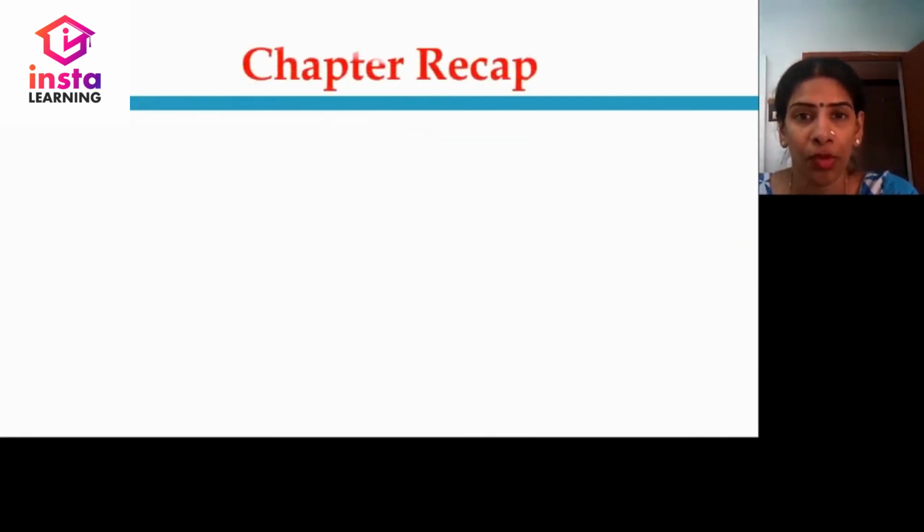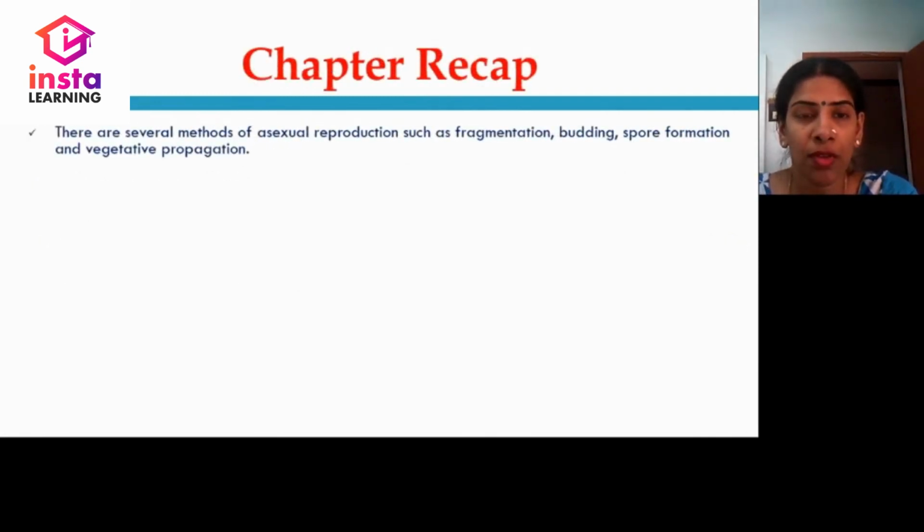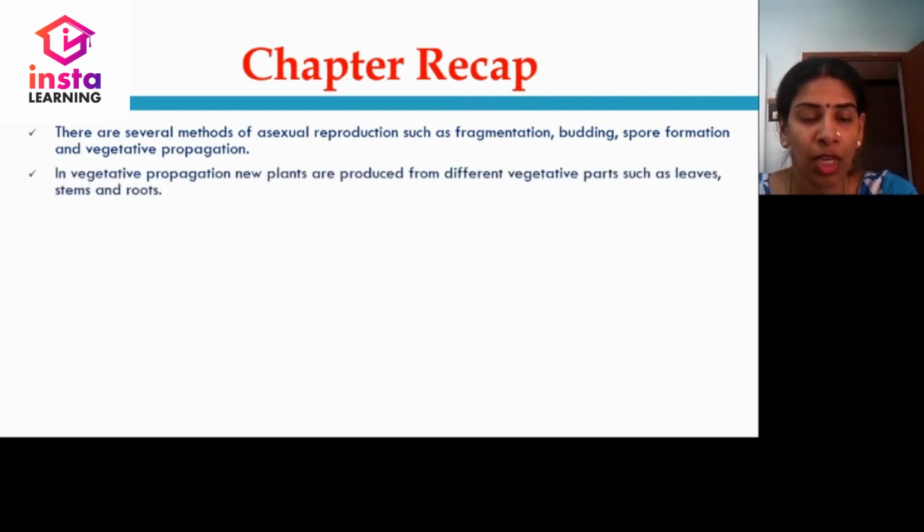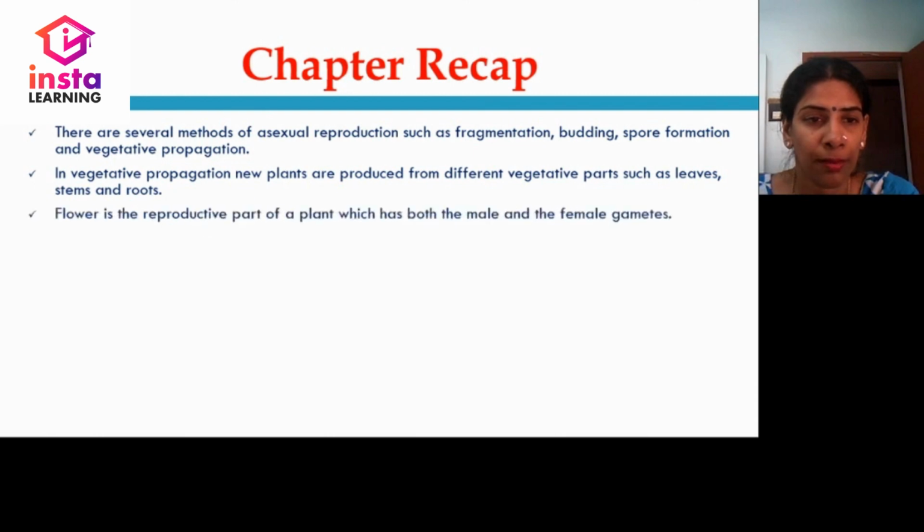Let us have a chapter recap. There are several methods of asexual reproduction: fragmentation, budding, spore formation, and vegetative propagation. In vegetative propagation, new plants are produced from different vegetative parts such as leaves, stems, and roots. Flower is a reproductive part of the plant.